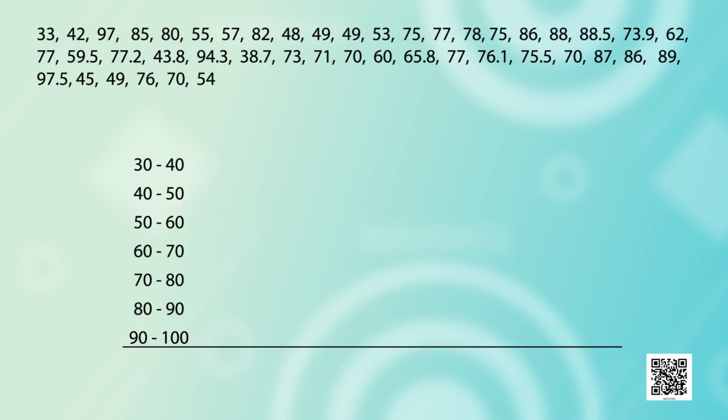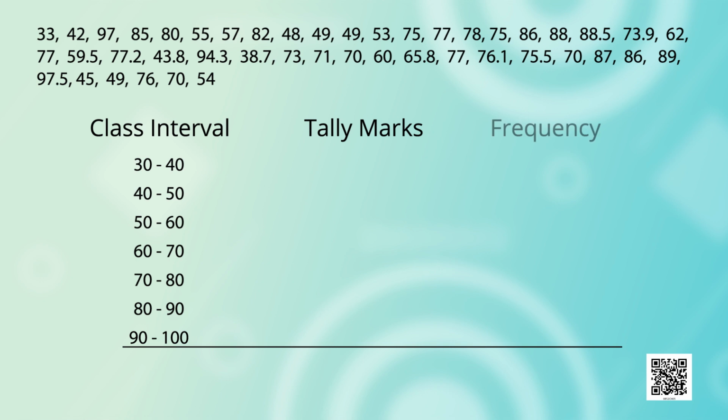In the first column, we will write class intervals, in the second tally marks and in the third frequency. Children, here the student who has the least number of marks has the marks equal to 33. So first tally mark will be made in front of 30 to 40.